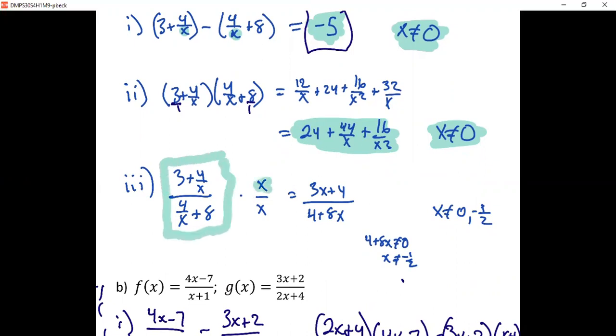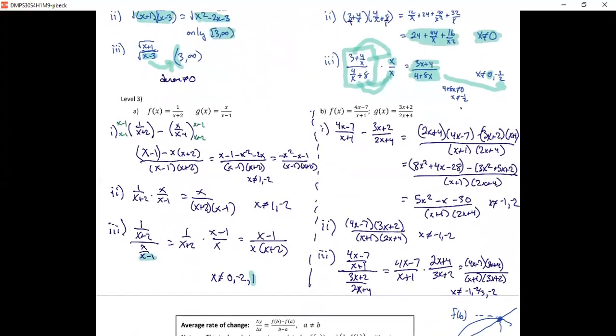What I do is I multiply by the least common denominator of my inner fractions over itself. And when I distribute it through, x times 3 is 3x, x times 4 over x is 4, x times 4 over x is 4, x times 8 is 8x. So I now have this expression right here. That expression is simplified, but for the domain, x is not allowed to equal -1/2 because of my denominator. But don't forget, x is still not allowed to equal 0 because that was part of the original domain.